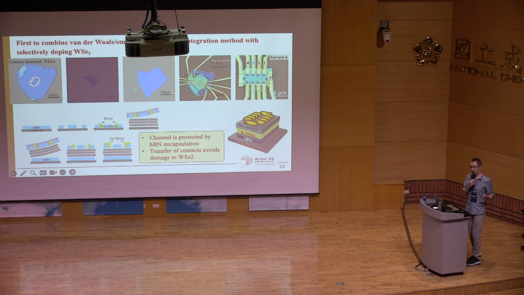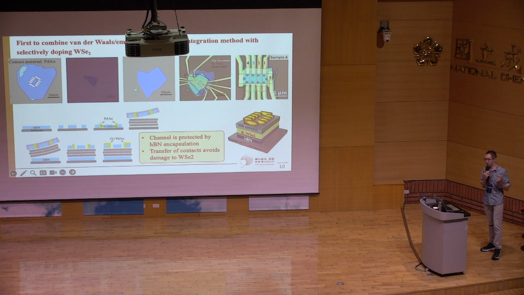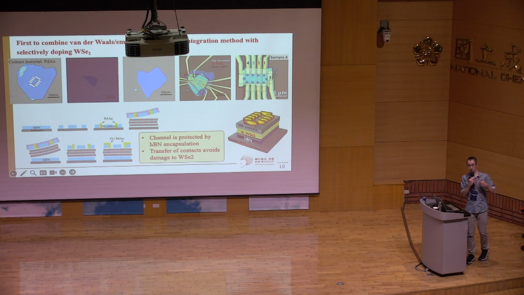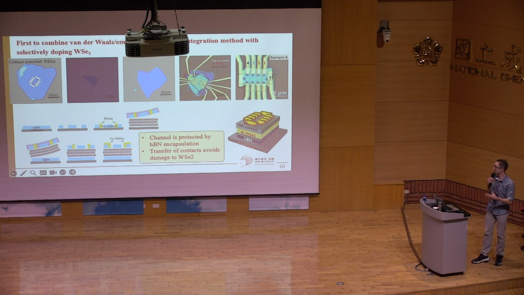There are some very key advantages of this approach. One is that we've got very precise control over the size of our dopant region. We can control its location very well, because this is just patterned by E-beam lithography. We can control the doping levels by changing the length of time that we oxidize this sample.